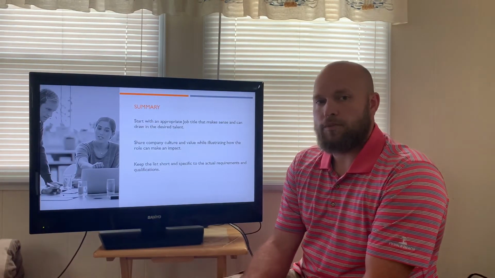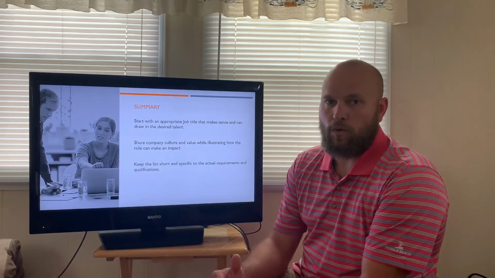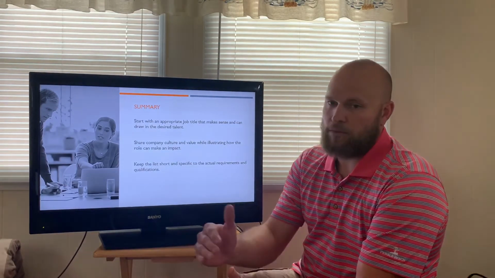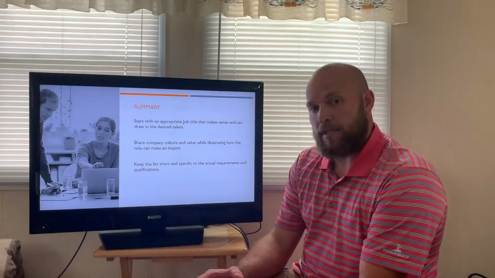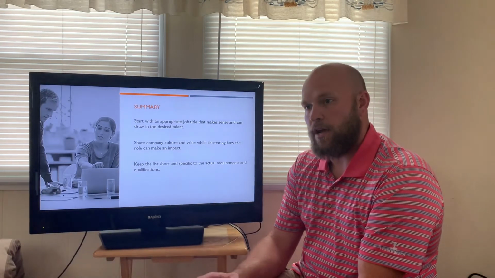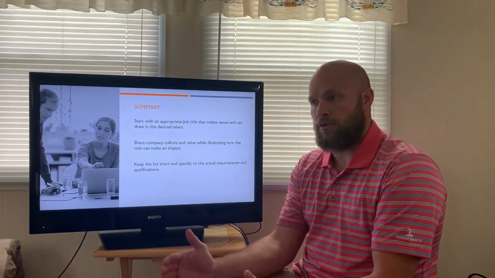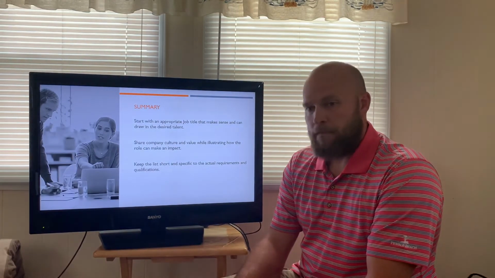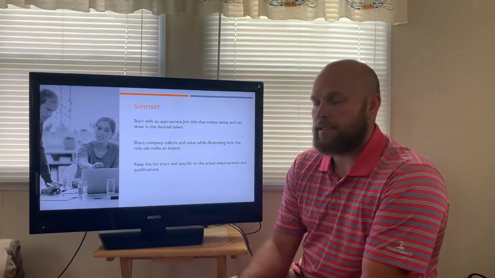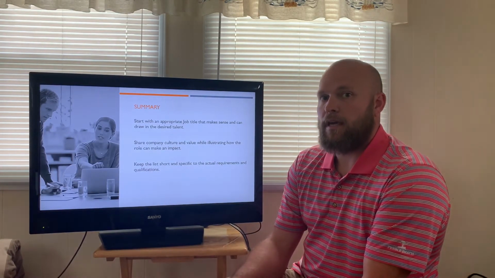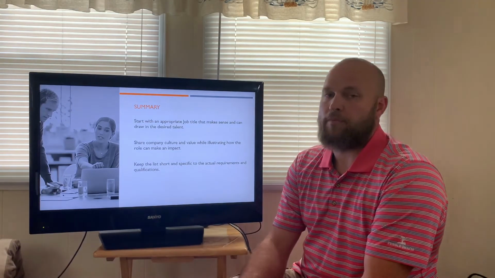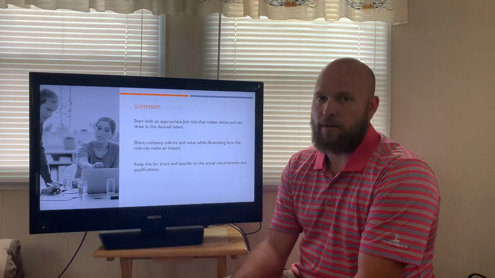And you also want to tie the role that you're describing into the area so that the applicant can see how their position will contribute to the direction of the company. And lastly, you will want to list your responsibilities and minimum and preferred qualifications where applicable.